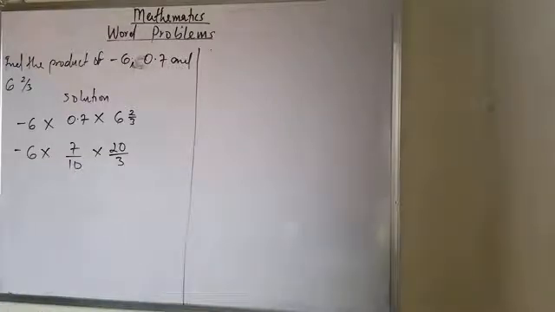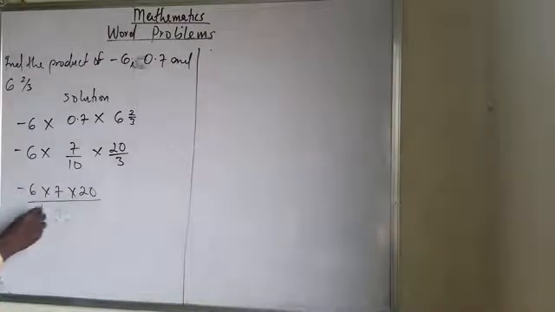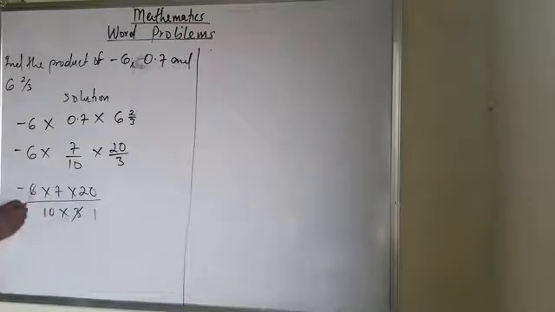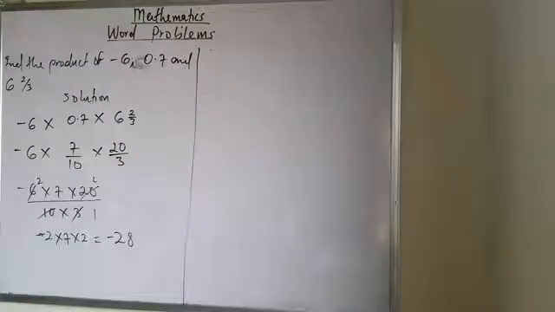Now I will have -6 multiplied by 7 multiplied by 20 divided by 10 multiplied by 3. 3 here is 1, 3 here is 2. Here 1, here 2. It means -2 multiplied by 7 multiplied by 2, which I'll be having -28. That is my final answer.